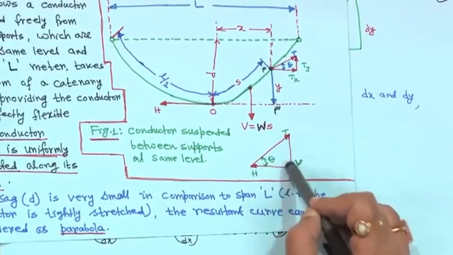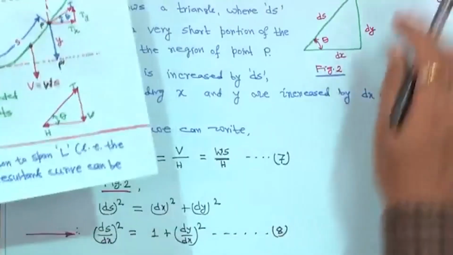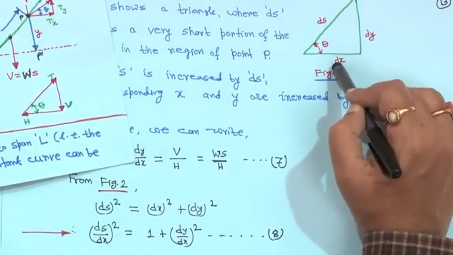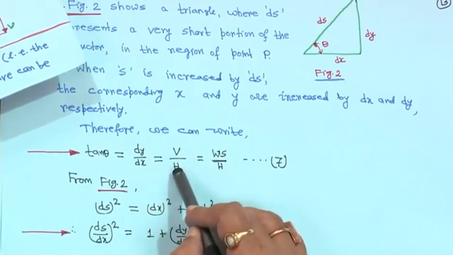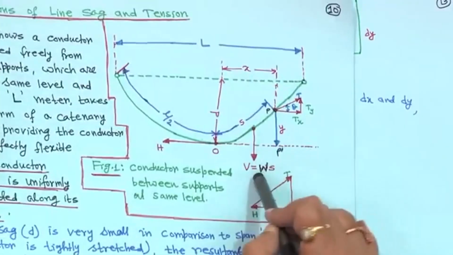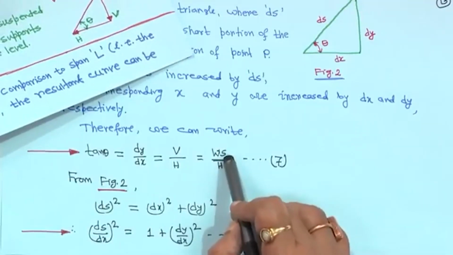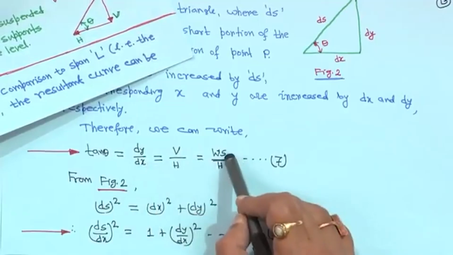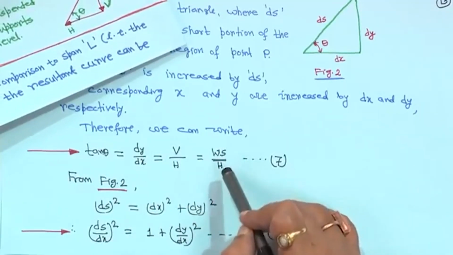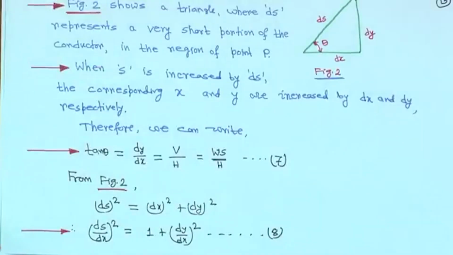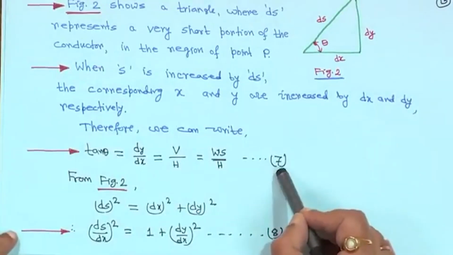So tan theta here is equal to V upon H, and from here tan theta is equal to dy upon dx, which is equal to V upon H, and V is equal to W into S. Substituting V equal to W into S, tan theta will be W S by H, that is dy by dx is equal to W S by H, and this is equation 7.